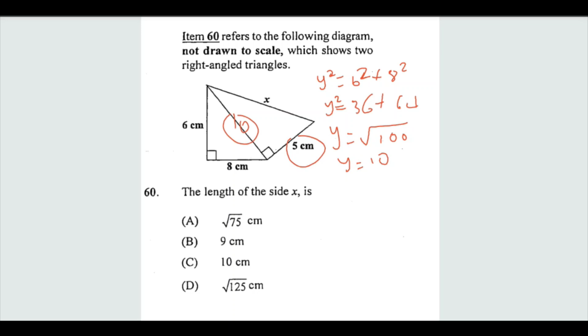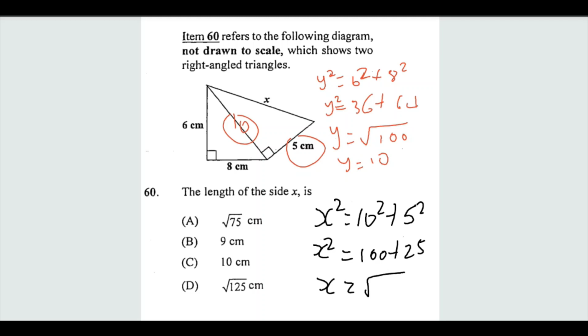So if we want to find x, let me use another color ink. x squared will be equal to, using the Pythagoras theorem, the longest side squared is equal to the sum of the squares of the two remaining sides. 10 squared plus 5 squared. x squared will be equal to 10 tens, 100, plus 5 fives, 25. And x will be equal to the square root of 125, and that is equal to D, right?